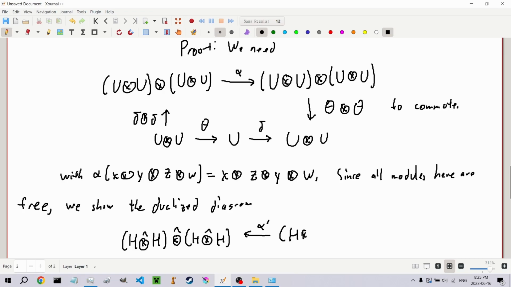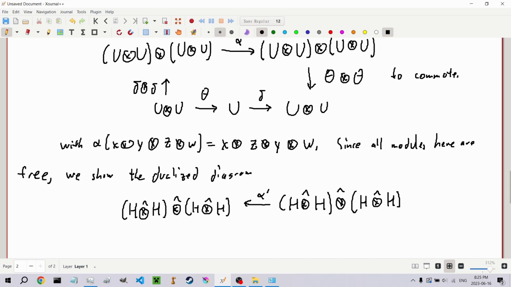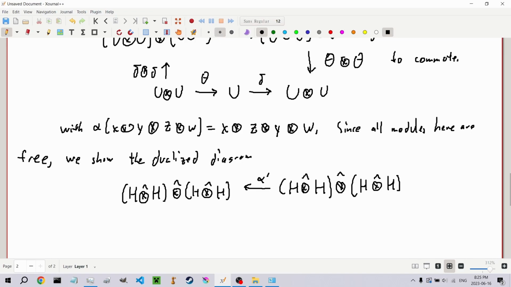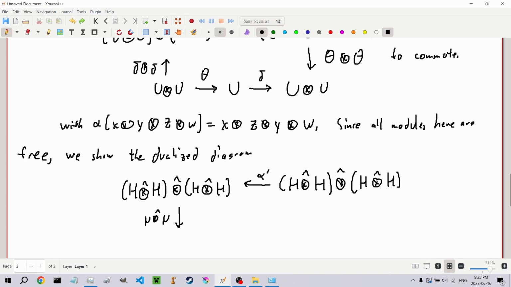It's going to be H hat tensor H hat tensor H. And we have here this map's going to go down now by mu hat tensor mu to H hat tensor H.